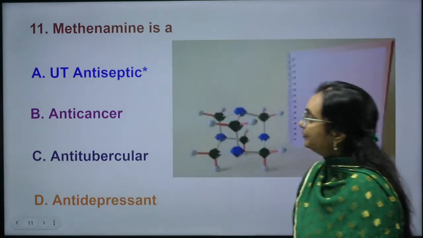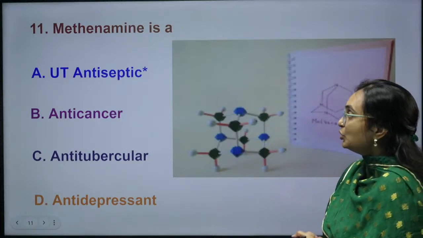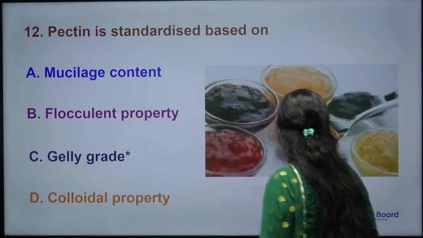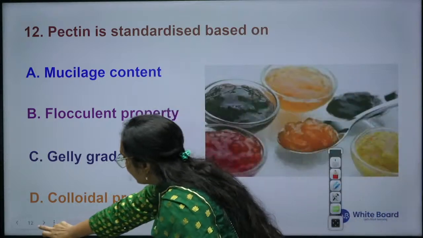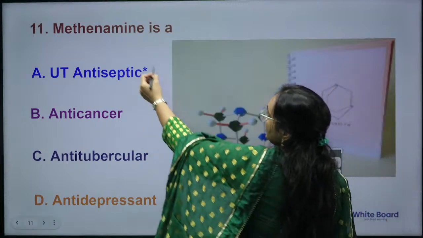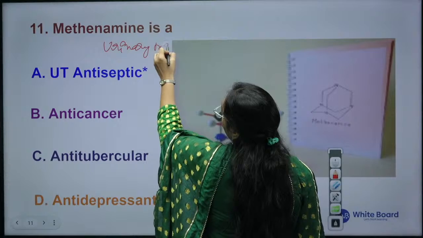Next question. Methenamine, its uses are very important. It is used as a urinary tract antiseptic.